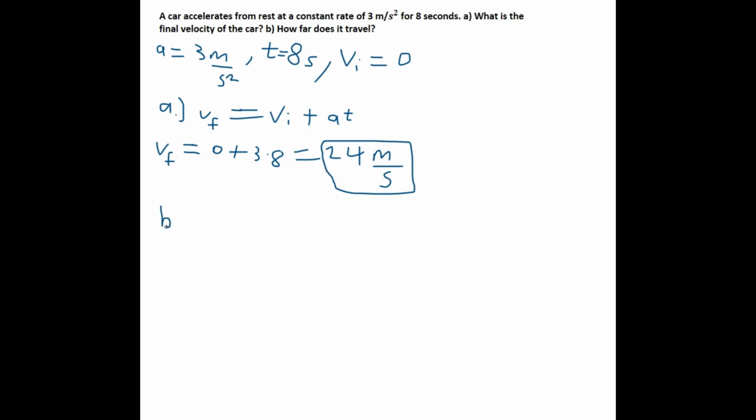Now for part B, let's use the formula. Distance is equal to the initial velocity times time plus 1/2 acceleration times time squared.